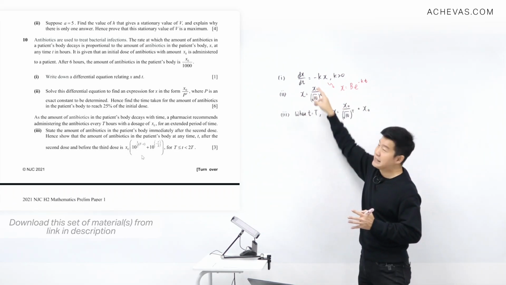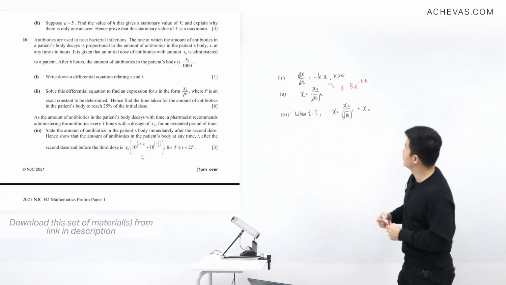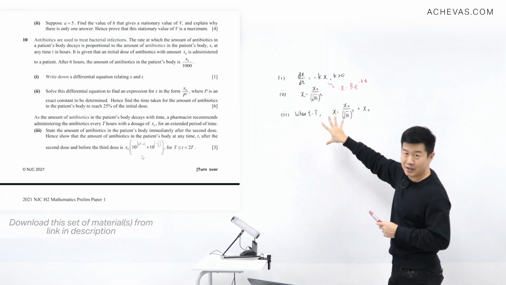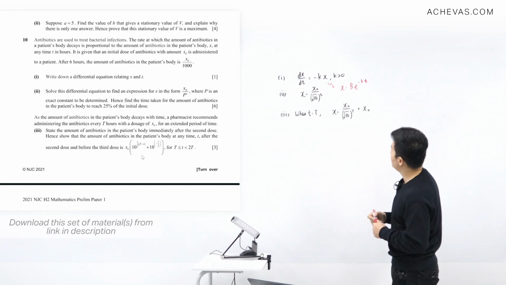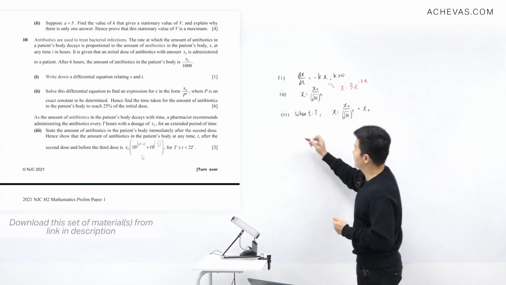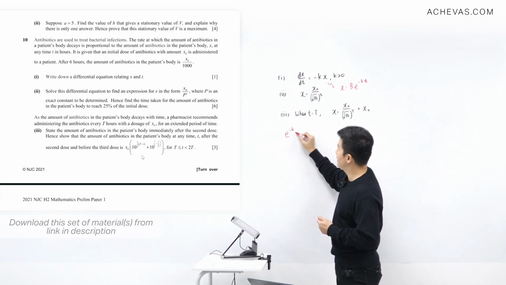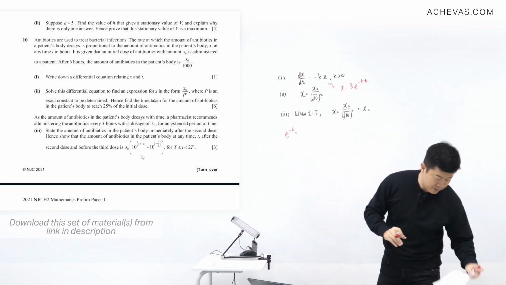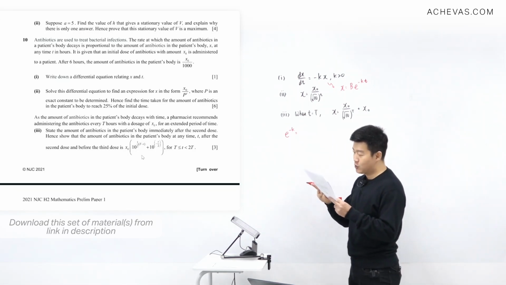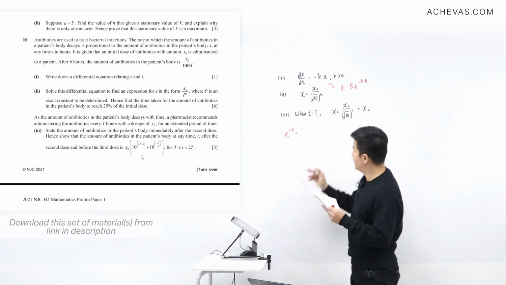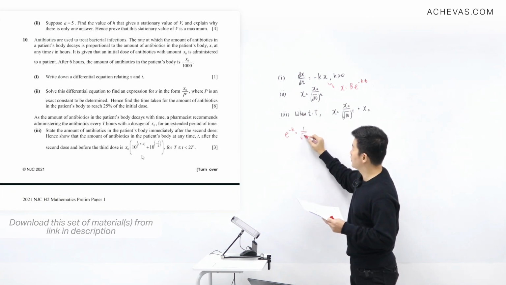Like what I was saying, the pattern of decay doesn't change, which means that in this second setup, after the second dose, I'll still be working on the same thing, which is e to the power of minus k. What did we find just now? We found e to the power of minus k to be equal to 1 over square root of 10.